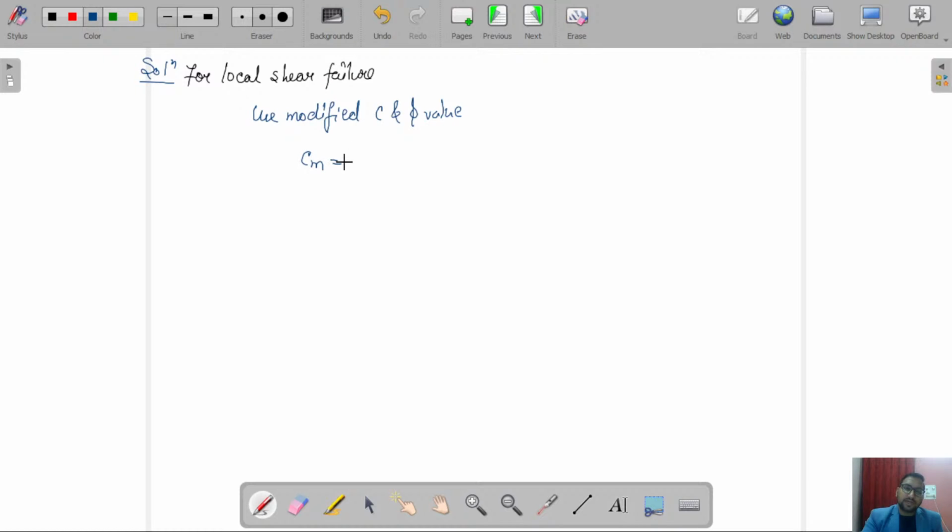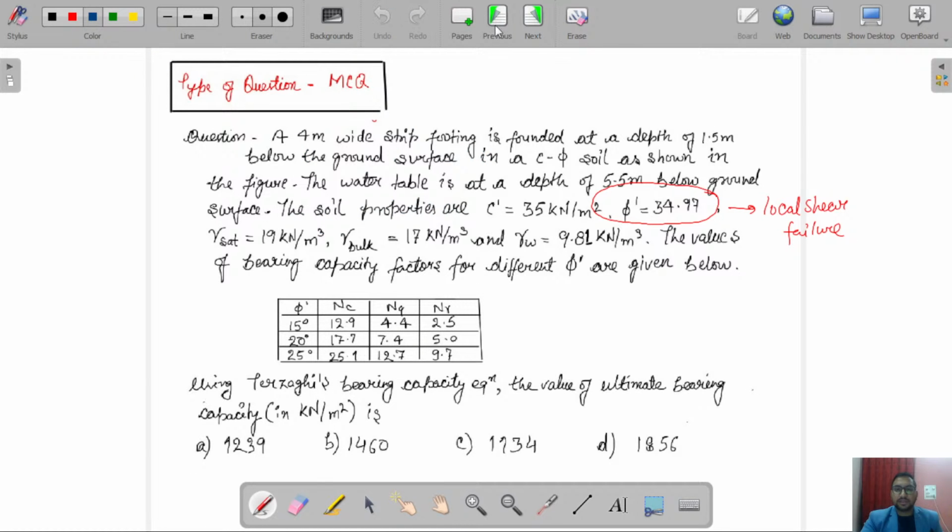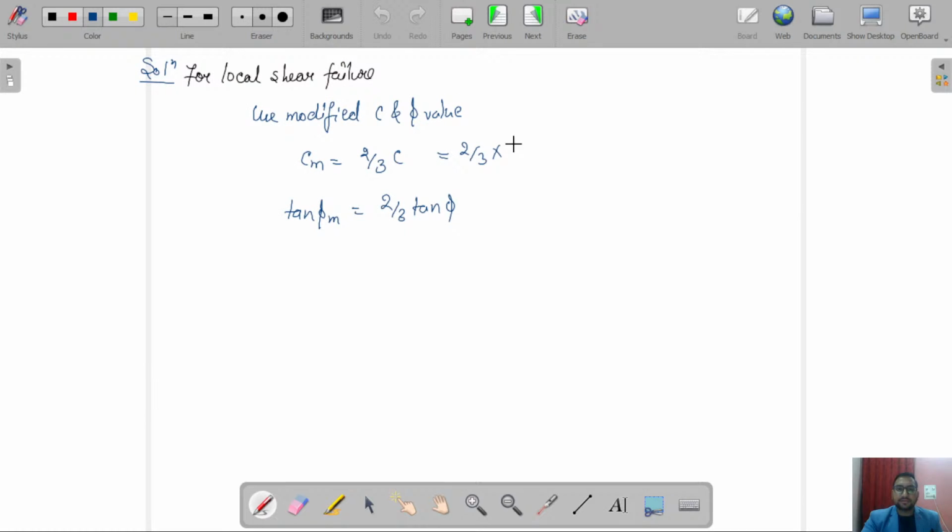Modified C value will be equal to 2/3 of the cohesion value at general shear failure C. Similarly, tan phi modified will be equal to 2/3 times tan phi. So it is 2/3. What is the value of C? It is 35.